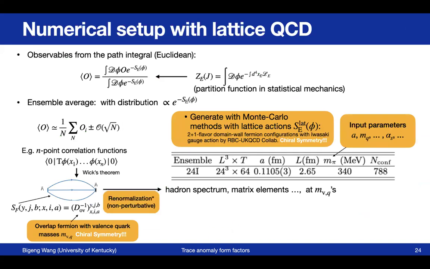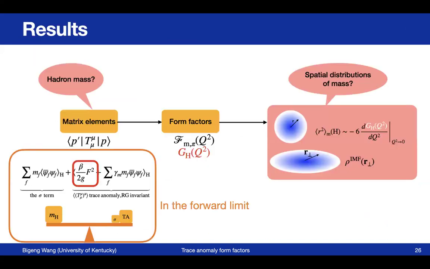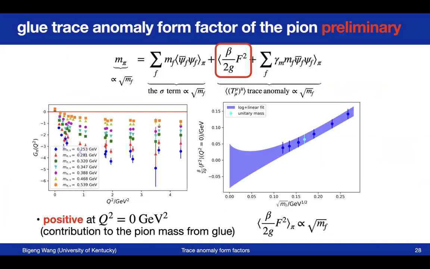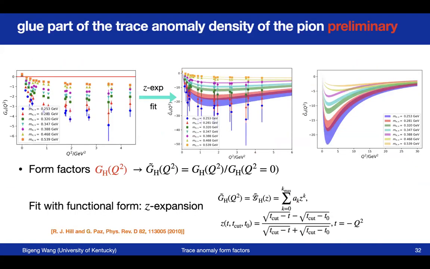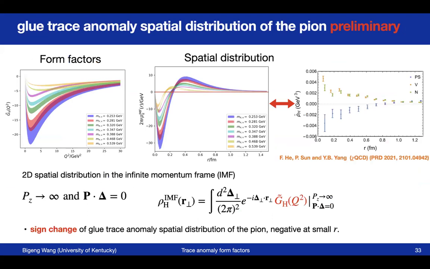Here the sign change means that inside it's like a hole in the vacuum, and something outside, and in total these contributions cancel each other, and in total it goes to zero in the chiral limit.